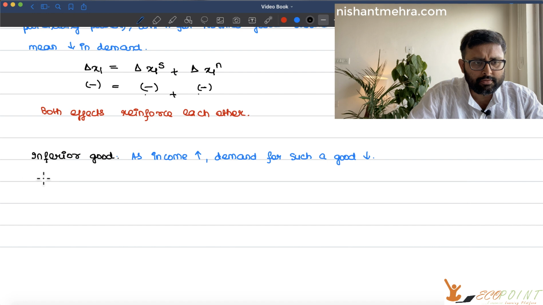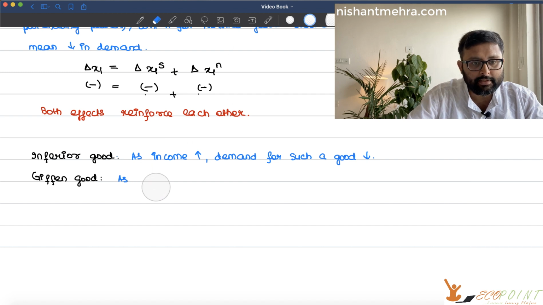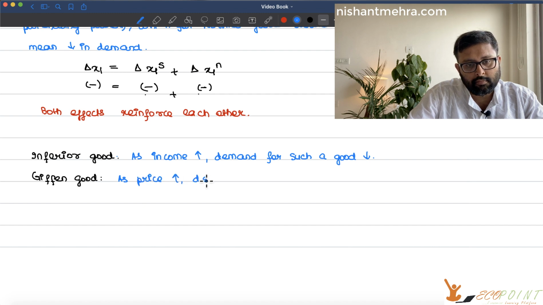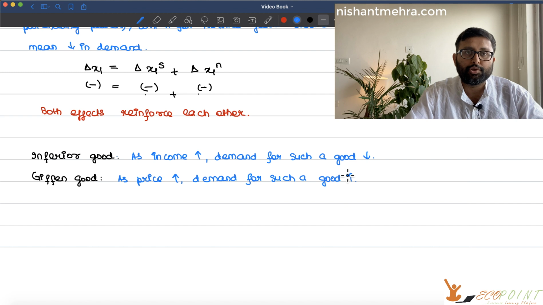What are Giffen goods? As the price increases, demand increases; it is an exception to the law of demand.